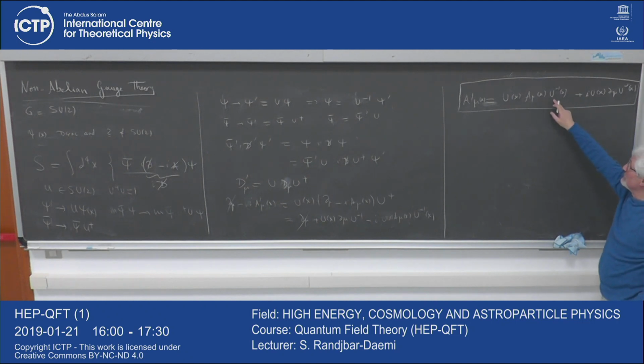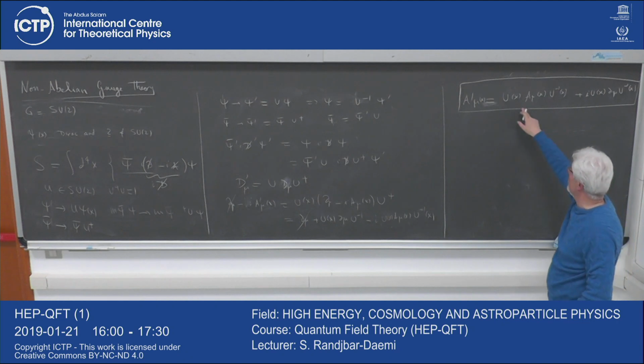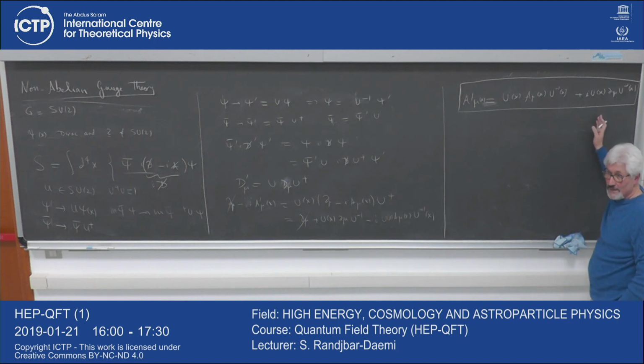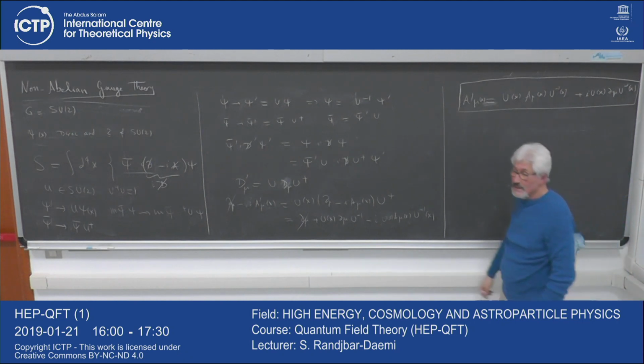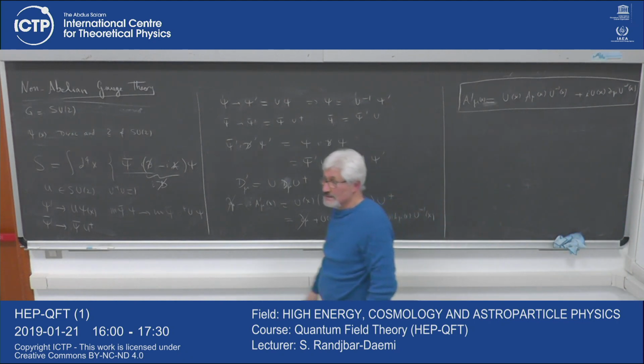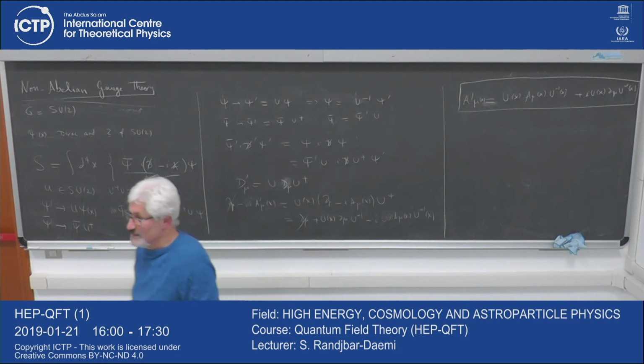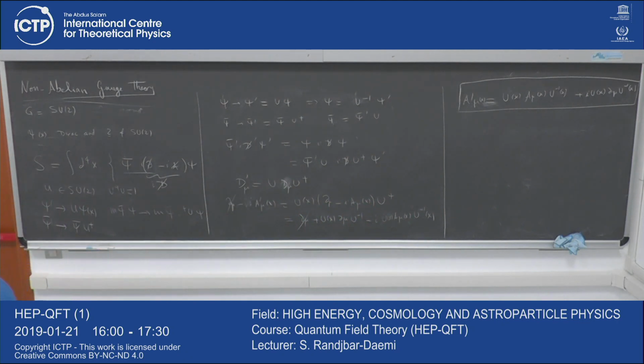The exponentials will cancel, and A prime will be A plus d mu alpha. In the SU2 case, this has a much more complicated structure because this is not just a number, it's a 2x2 matrix. We saw that this is a Hermitian traceless 2x2 matrix. It's actually a vector field of 2x2 matrices.